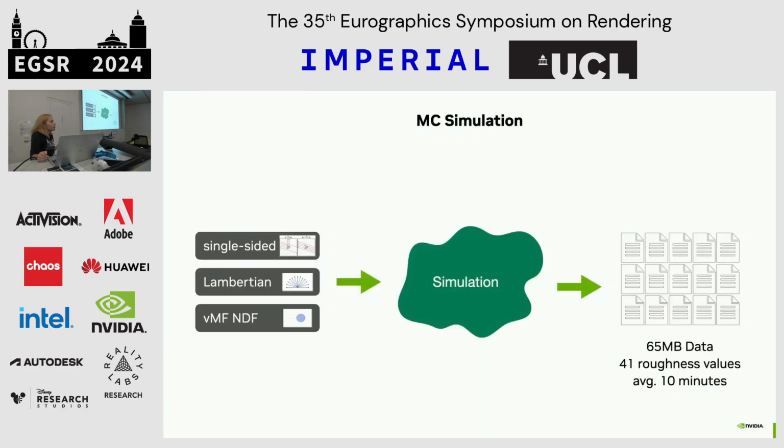As said before, one problem with the Monte Carlo simulation is that it is too slow to run on the fly. So what we can do instead is we can use it as a basis to approximate and to build a closed form analytical BRDF, which captures the behavior instead. So the Monte Carlo simulation input is we have single-sided flakes.